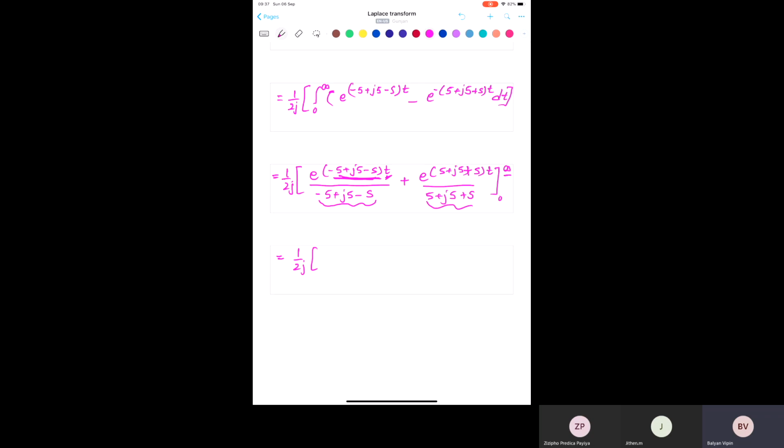When you are imposing that, it will be e raised to the power minus infinite, and then there will be a minus sign, it is 1, and then the whole is divided by, and you put the upper limit from here, then it will be plus e raised to the power minus infinite minus 1, s plus j5 plus 5.